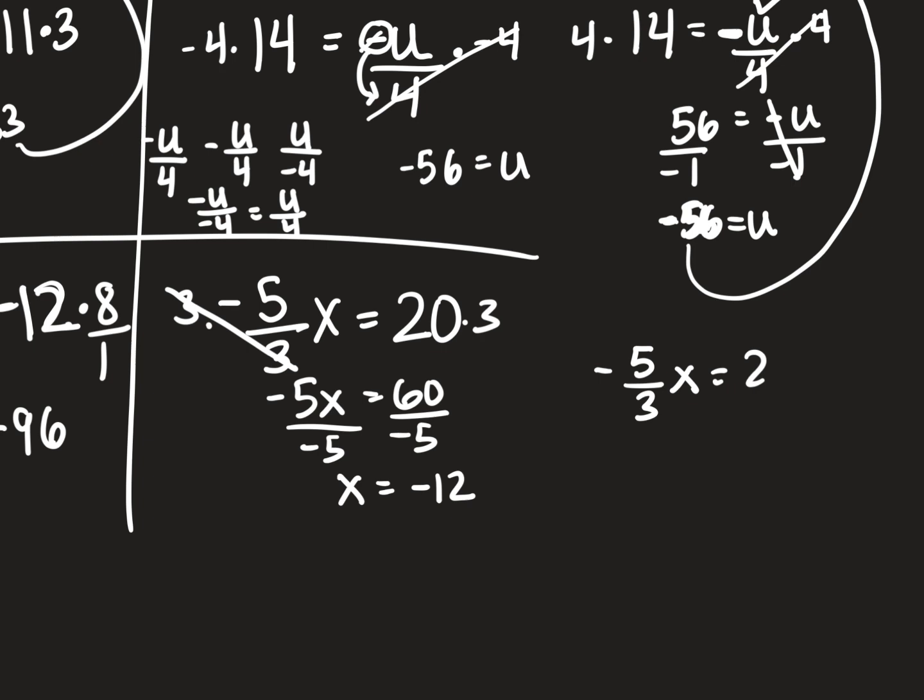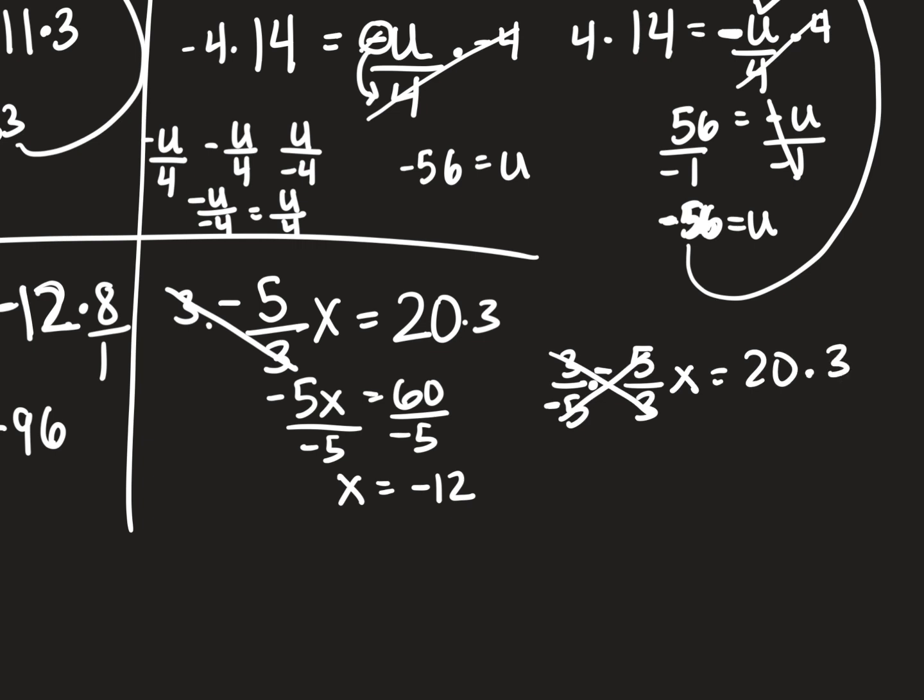-5/3 x equals 20. I'm not going to divide by -5/3 this way, because when you divide fractions, you're actually multiplying by the reciprocal. So in this case, 3 over -5 cancels out the 5s and the 3s, and of course a negative times a negative is a positive.